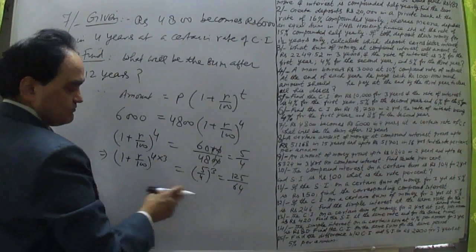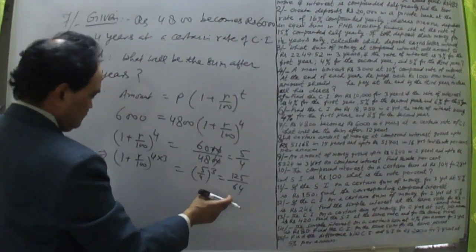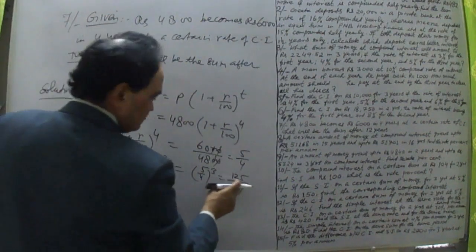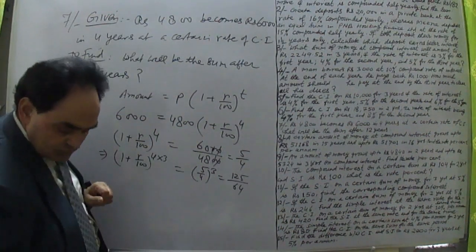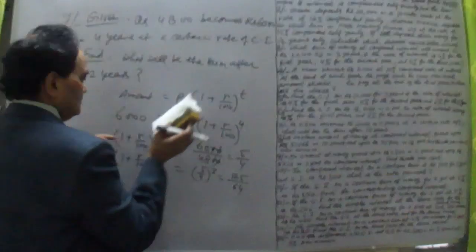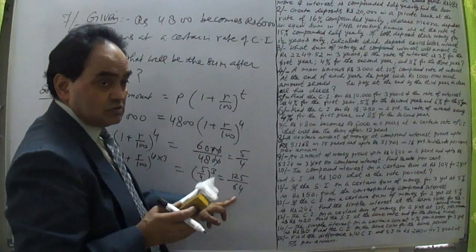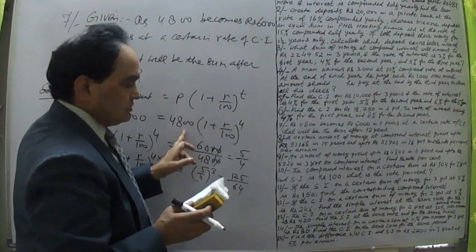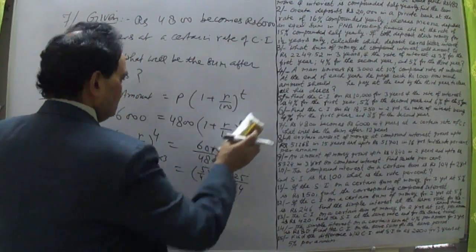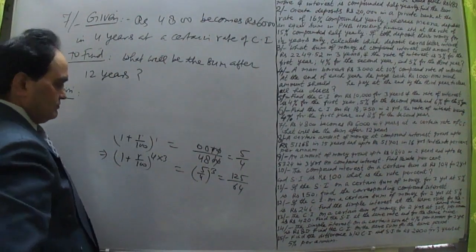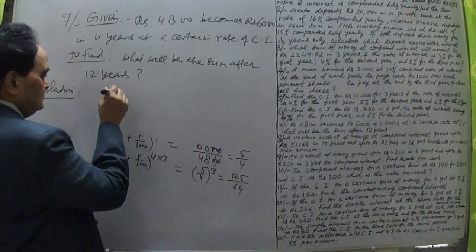But here, for 4,800 to come here, we have to make it so that the money remains 4,800. To make 64 into 4,800, how can we do it? This is the ratio of these two values in 12 years.